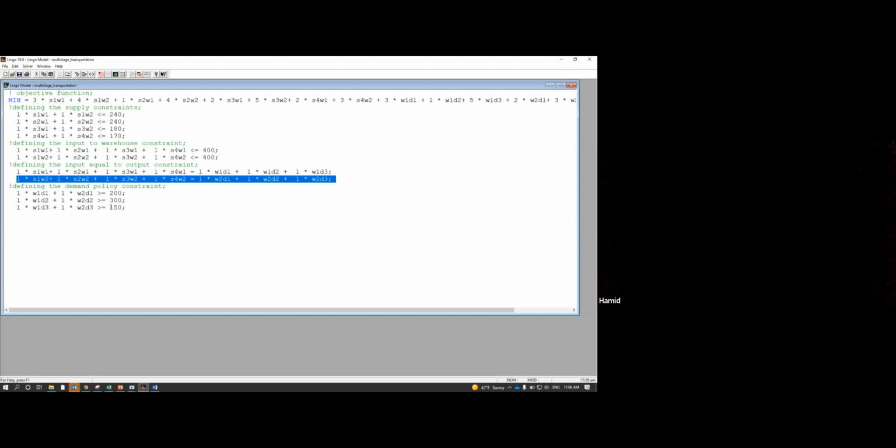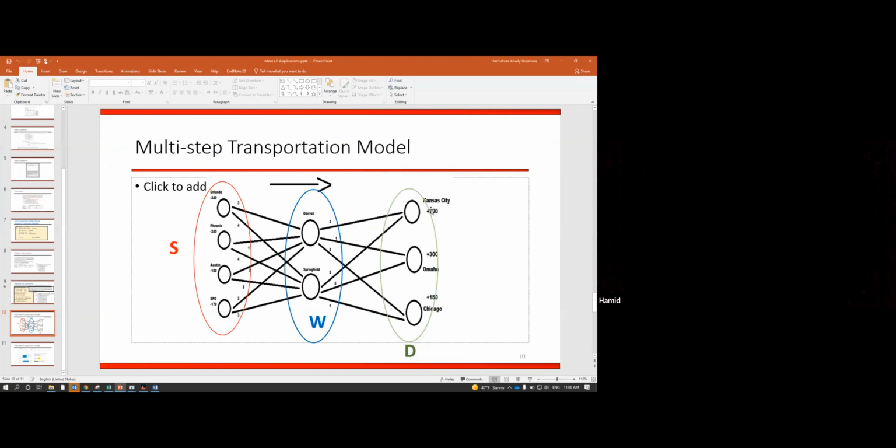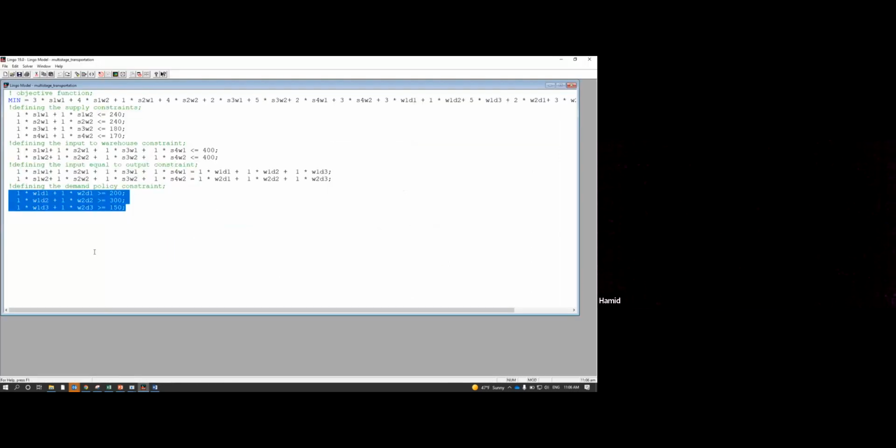Also, the last constraint is about your demand. W1D1, W2D1 just means whatever arrives in Kansas City, which is your D1, comes from the first warehouse or the second warehouse, and the demand is 200. So whatever comes to D1 from W1 and W2 should be at least 200. You want to satisfy the demand.